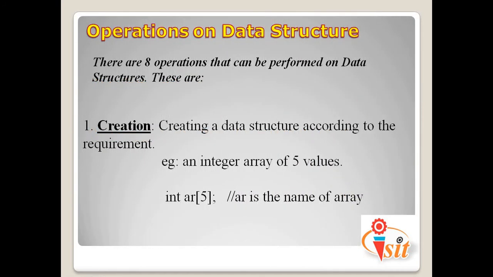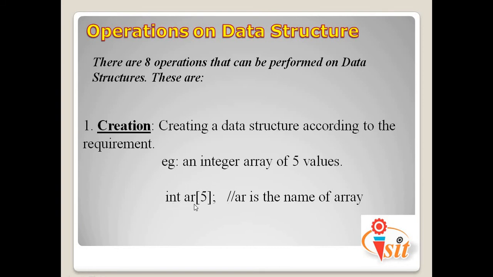The first one we are considering as creation. It means that we can create our own data structure according to the requirement. Consider the example, if we want to store 5 elements or 5 values, in that case we are going to be using the concept of array. So in the example we are trying to create a variable named array with the size of 5, and here we have provided the data type as integer.